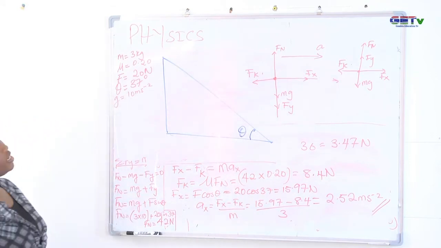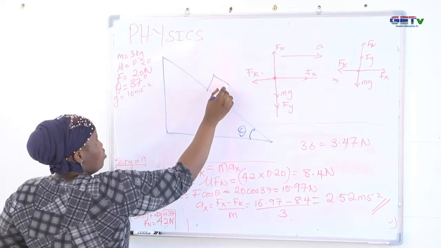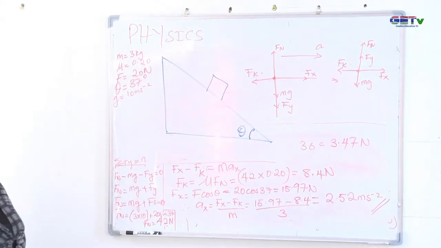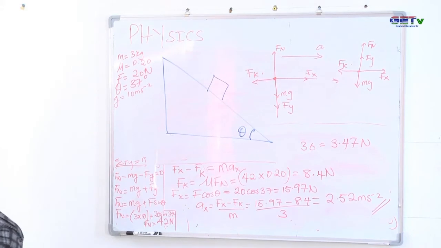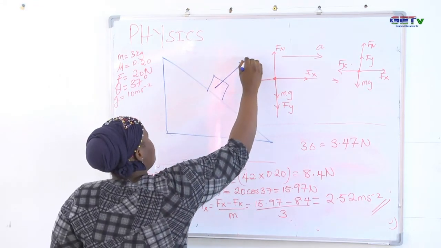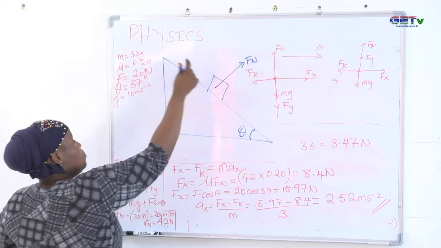Then you have to understand that the force is no longer horizontal, but inclined at an angle. So you need to note the forces acting. When you deal with an inclined plane, there are two forces that will always be present: the normal force and the weight. The normal force is perpendicular to the plane.